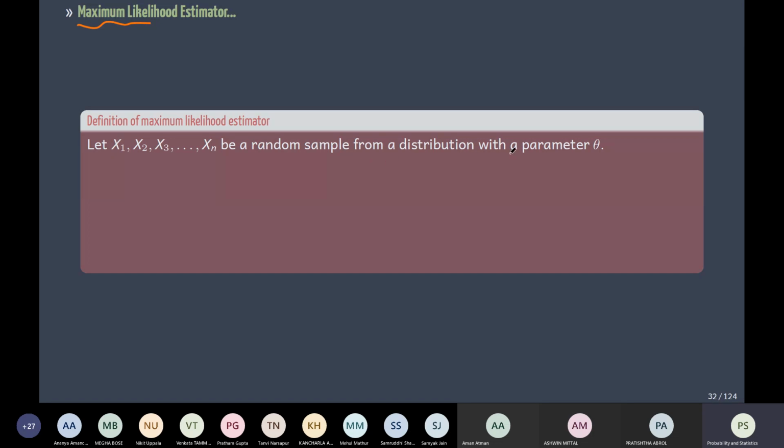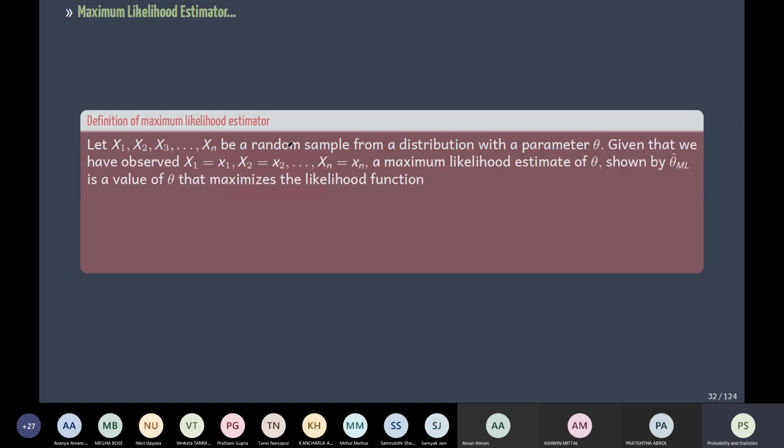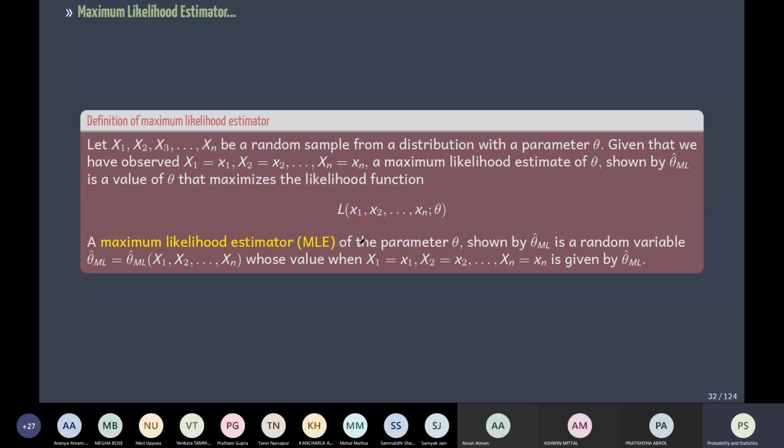Let x1 to xn be a random sample from a distribution with parameter theta. Given that we have observed this, a maximum likelihood estimate for theta, denoted by theta hat ML, is the value of theta that maximizes the likelihood. So basically we have to maximize this over all possible theta. A maximum likelihood estimator for the parameter theta, denoted by theta hat ML, is a random variable.